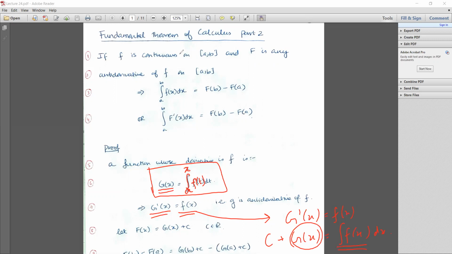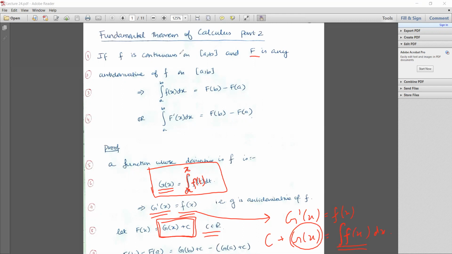So now again, the indefinite integral of small f can be written as G of x plus c. So any antiderivative of small f can be written as G of x plus any constant c. Right? G is one such function, but G plus any constant will also be an antiderivative.